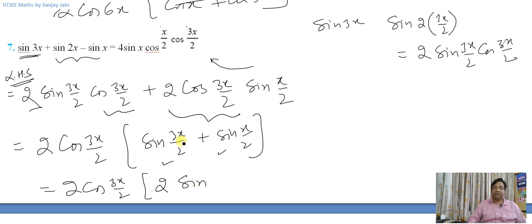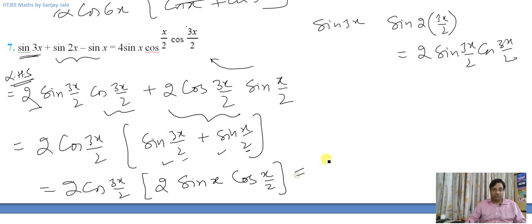Now c plus d is 3x by 2 plus x by 2, which is 4x by 2, that is 2x, and then by 2 will give me x here. What is c minus d? 3x by 2 minus x by 2 will give you x, because this is 1 and half x, this is half x. So it will give you x by 2 here.